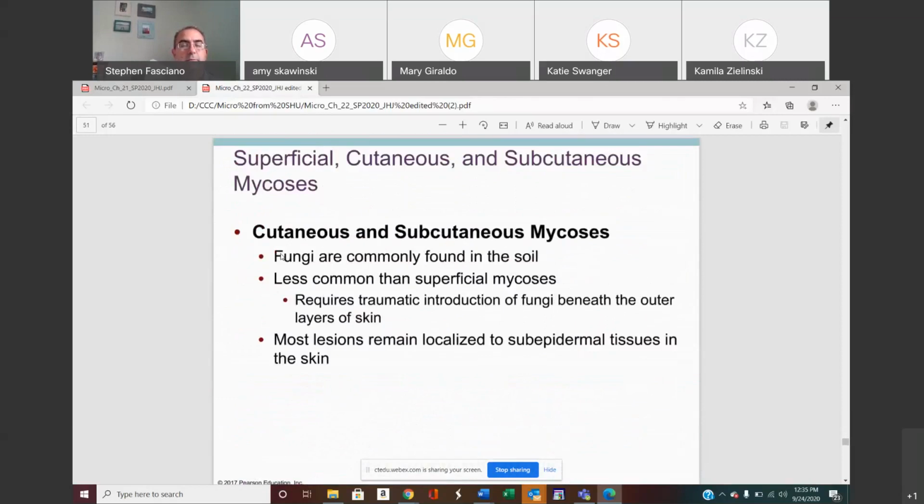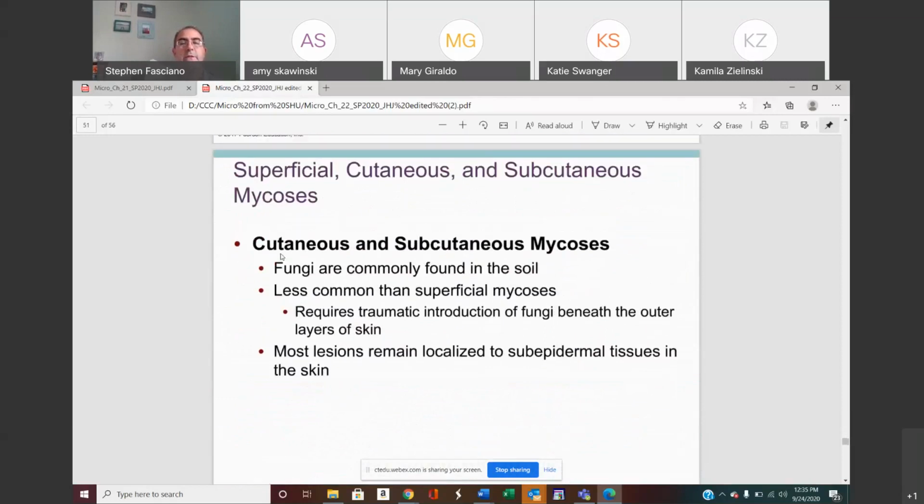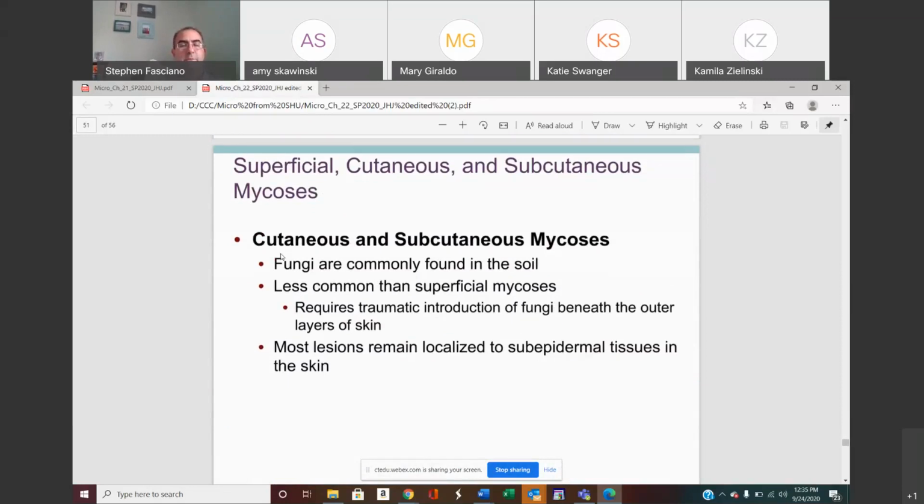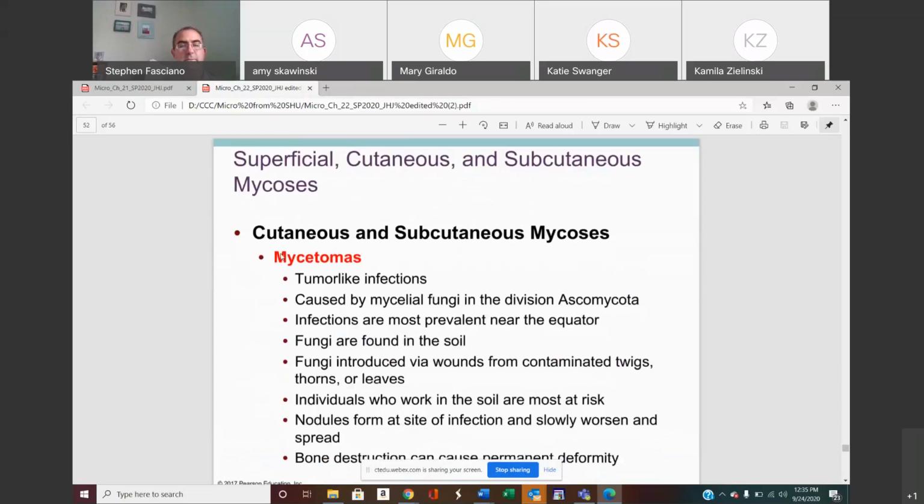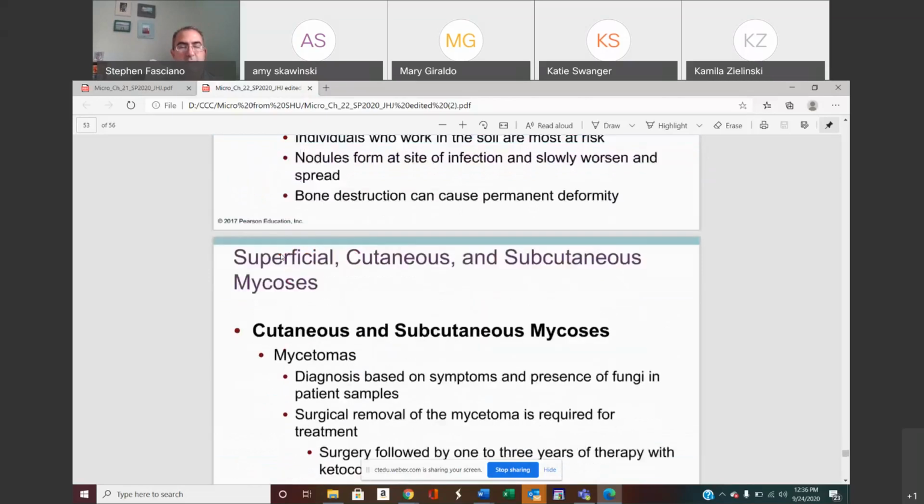Then below the superficial ones would be cutaneous and subcutaneous mycoses. These are ones that actually can affect deeper layers of the skin. They are less common because most lesions remain localized to the superficial layer. So these cause tumors, that kind of thing. Again, these fungi are usually found in the soil.